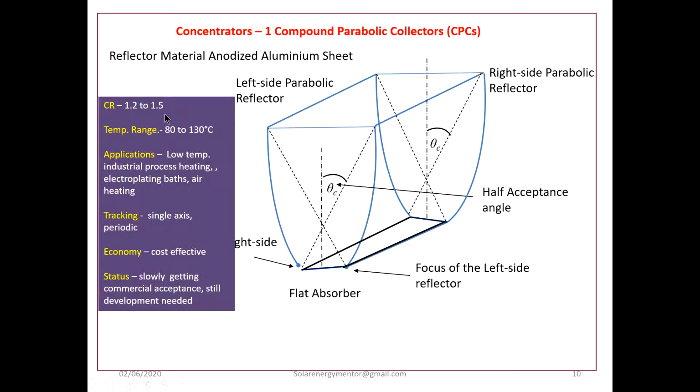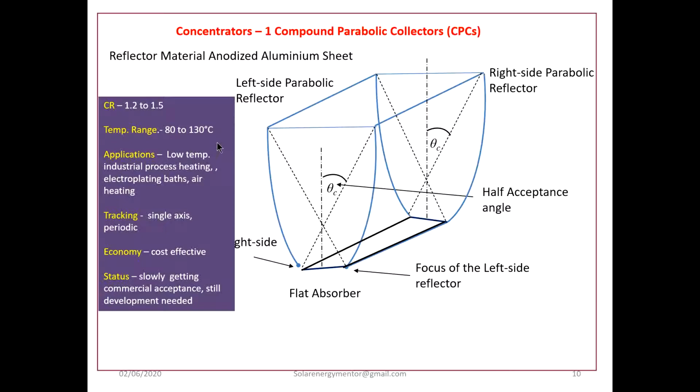So it is a low concentration ratio collector. The temperature of water obtained in these collectors is in the range of 80 to 130 degrees Celsius. For this temperature range, this collector is used in low temperature industrial process heating applications, for example heating electroplating baths and air heating applications. So these collectors can be used for these applications.